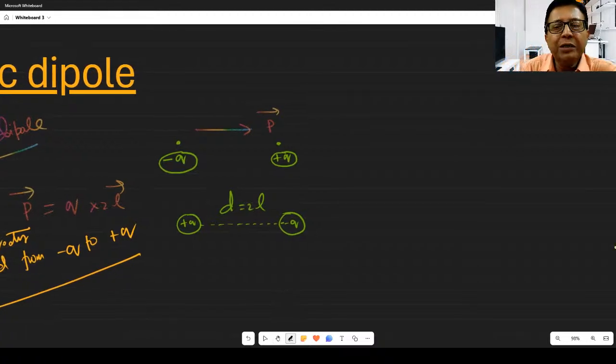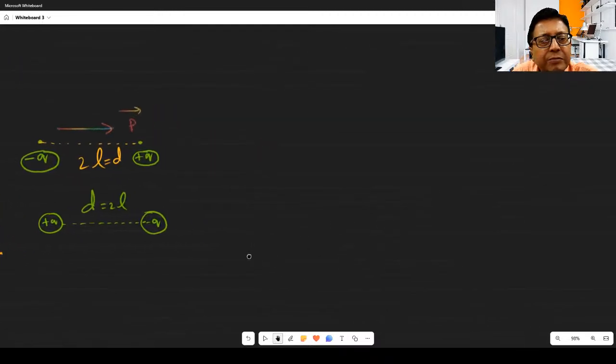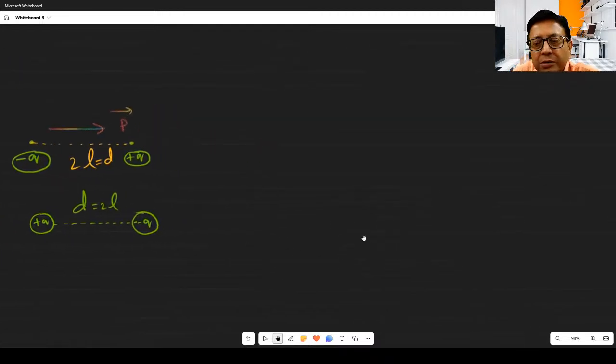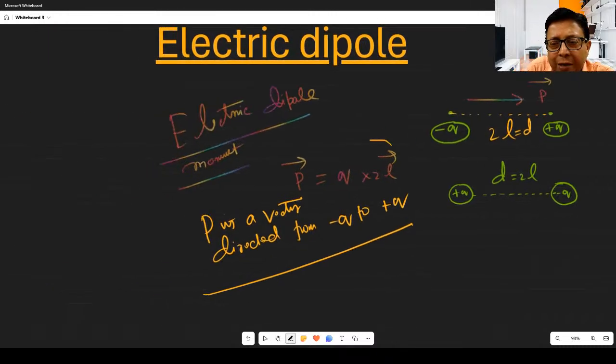So we are going to consider this diagram. Separation between them, we are taking 2L for some better calculation. You can take D also, no problem. Distance between two charges is equal to D. Dipole is characterized by dipole moment, but what will you do with this dipole moment?